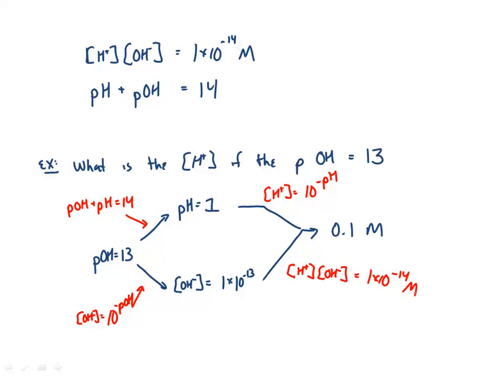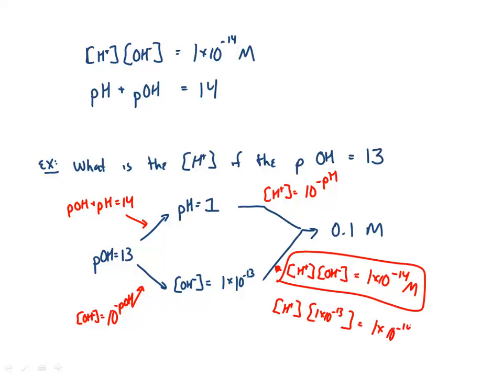So how did you get from the 1 times 10 to the negative 13 to 0.1? That's the red part here that I just wrote right next to it. Meaning, if I substitute in what I know for OH minus, then if I divide by that value, I just get H plus, right?